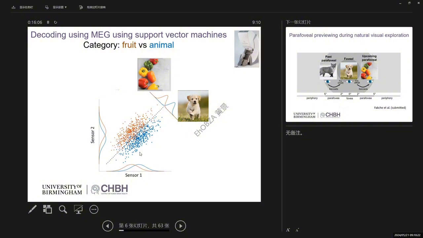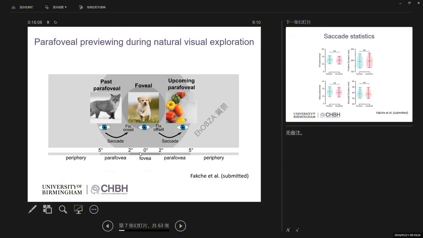So what we now have been doing is that when people are saccading around between the different pictures, we are considering both the foveal, meaning the fixations, and the objects associated with the fixations. Can we decode that, right? What we're also considering is upcoming parafoveal images, so that is the next saccade goal.